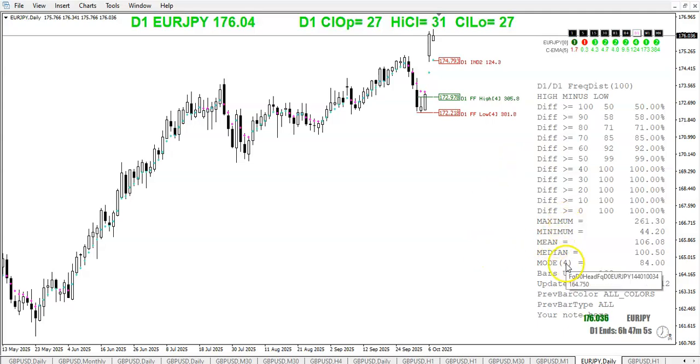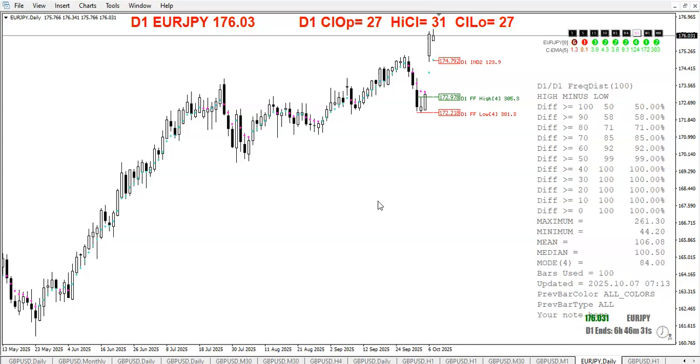If you come down here, there are the 5 M's of statistics: maximum, minimum, mean, median, and mode. We had a maximum of 261 pips, a minimum of 44. The average, or mean, is 106. The middle, the median, is 100, and the mode, meaning the most occurrences at that level, happens to be 4 at 84 pips of range.